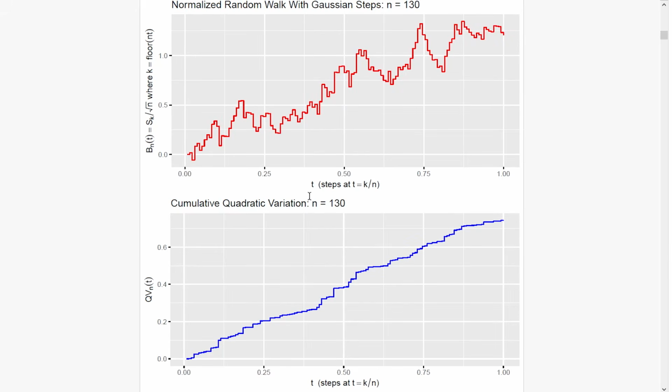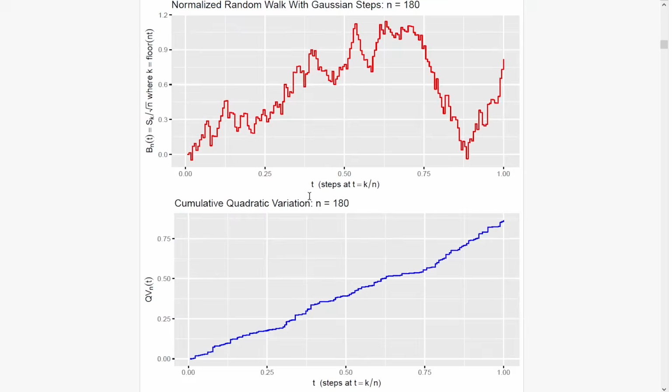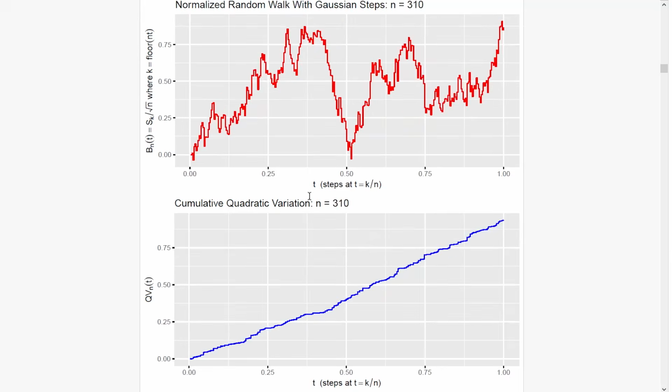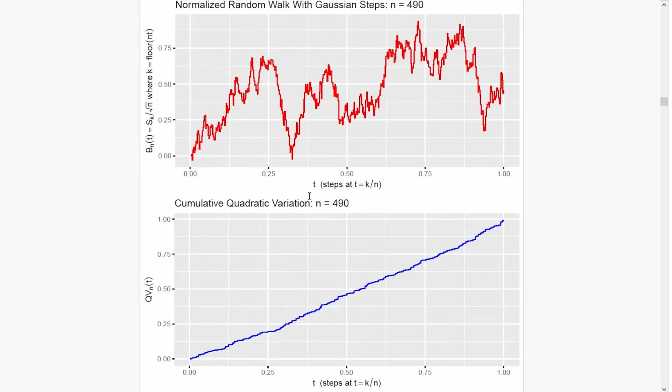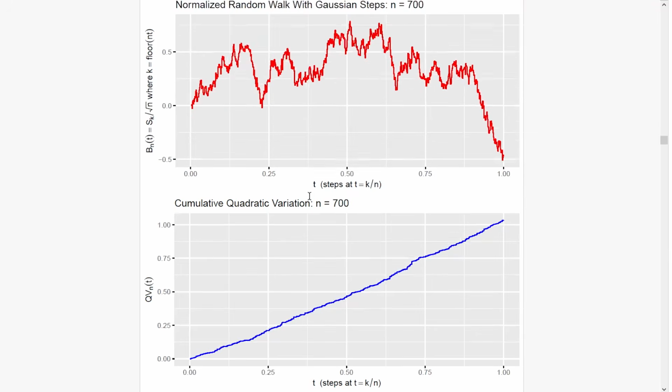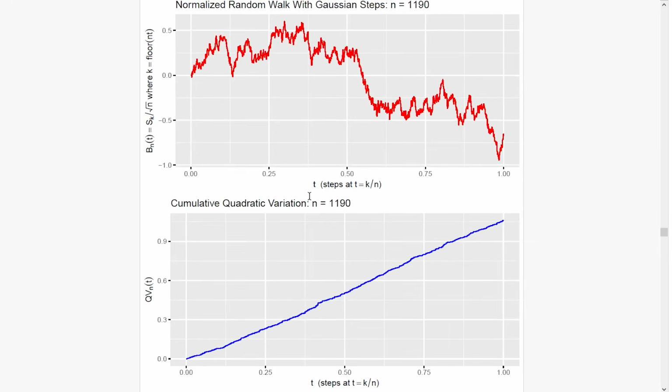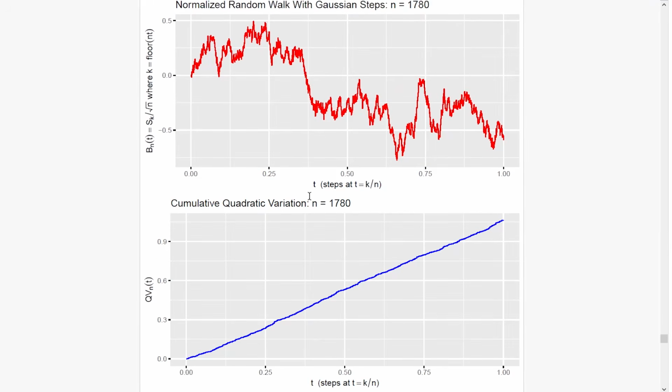And as we increase the number of steps from 200 to 1,000, and then 2,000, you can see that the quadratic variation of the process accumulates to the time period over which it's being accumulated. So this is a really nice property.